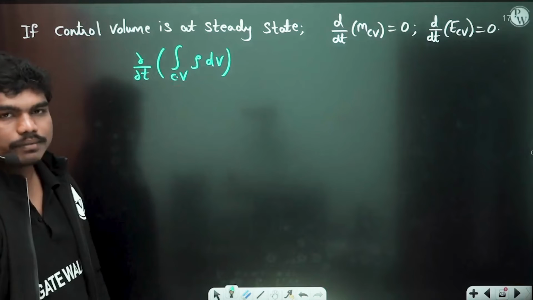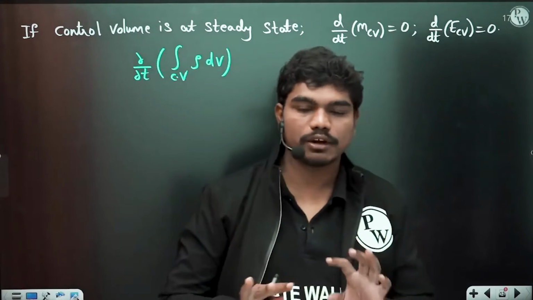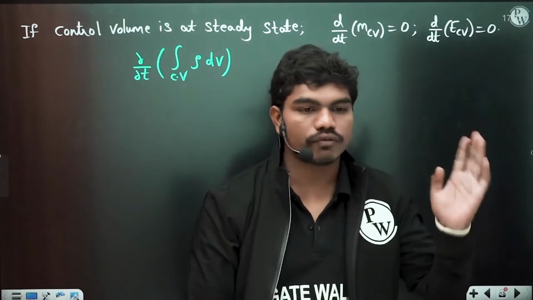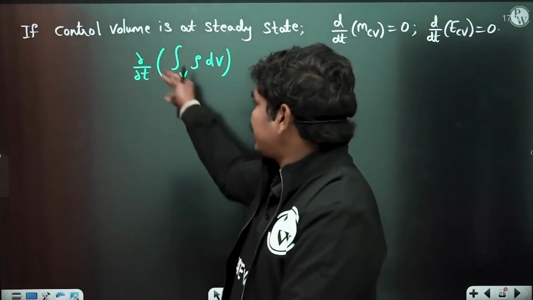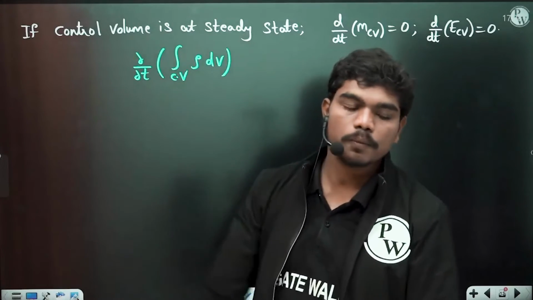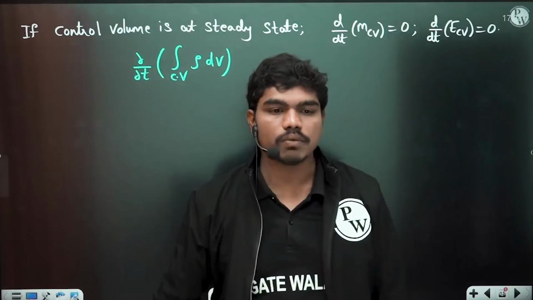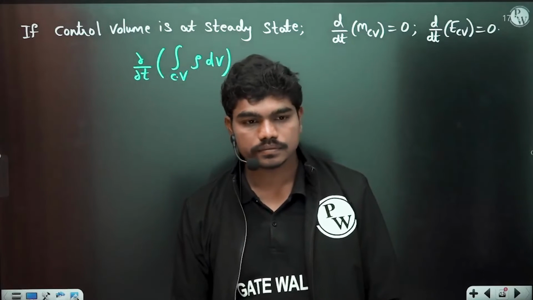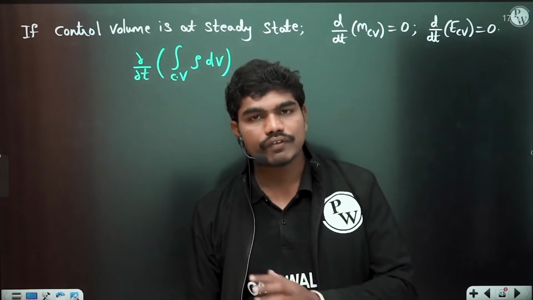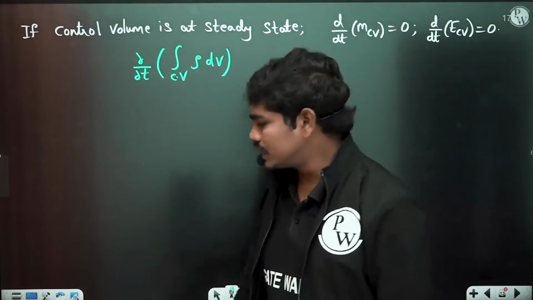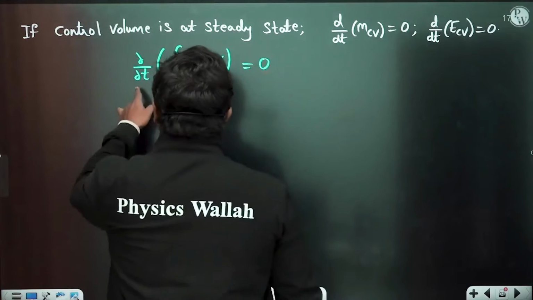If the control volume is under steady state operation, take some pipeline for example, whatever fluid is coming in, the same amount of fluid is leaving. In steady state operation, what is the variation of any quantity with respect to time? Okay, so this is 0, correct?